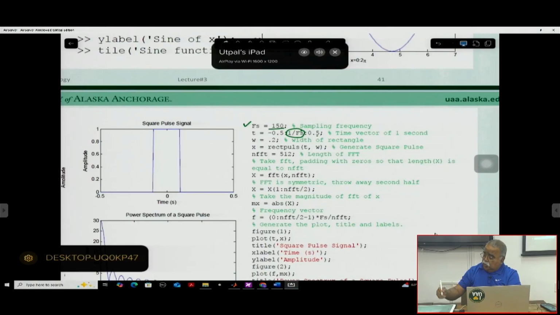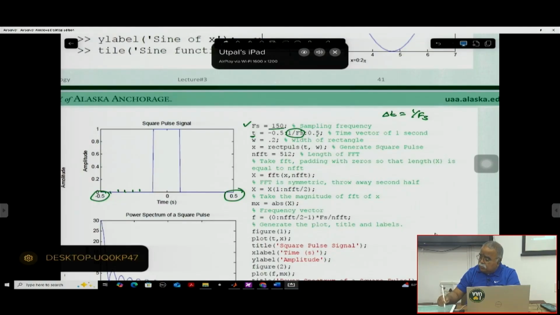So first of all, I need to sample the box at some discrete sample values, with fs equal to 150 sampling frequency. So our time domain will be from minus 0.5 to plus 0.5, and delta t will be equal to 1 by fs, the sampling frequency.